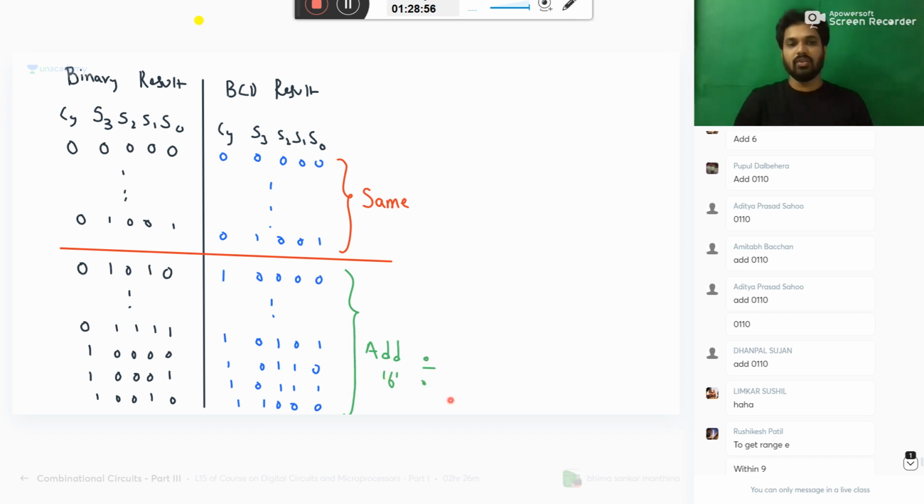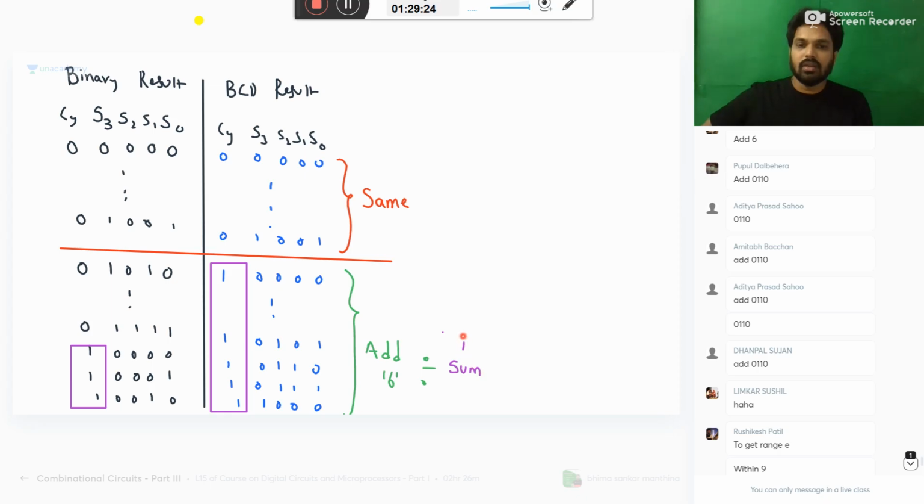When to add 6? Now listen here. I want to give you one point. When to add 6 is, in these all cases you add 6. Can I write the statement like this? If sum greater than 9 or carry equal to 1, add 6.